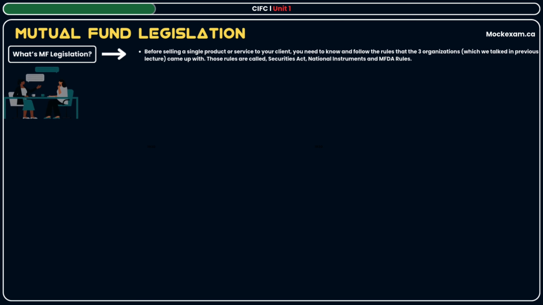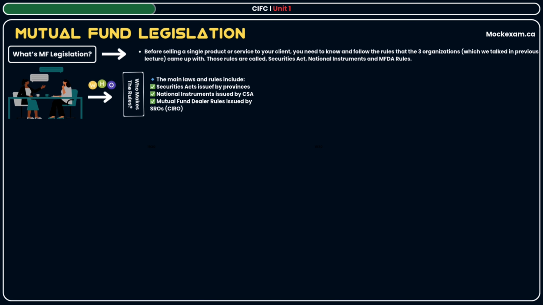Okay, so you, as a registered mutual fund dealing representative, need to follow these three sets of rules, which are from three different organizations. Now, let's recap. We said that the main laws and rules in the mutual fund industry are a Securities Act, issued by provinces, a national instrument issued by CSA, and mutual fund dealer rules issued by SROs like Zero.